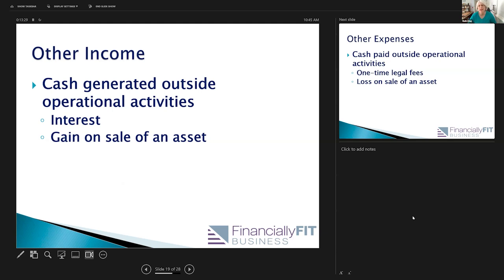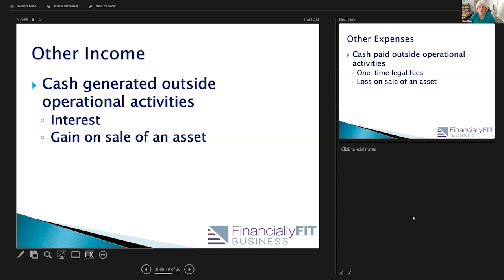You can also have a gain on a sale of an asset, and that's generally what happens when you sell an asset that you've fully depreciated for $100. Well, guess what? That $100 is taxable. Just FYI, your CPA and your accounting professionals can help you with gains on sales of assets. And yes, you do have to pay taxes on it, right?